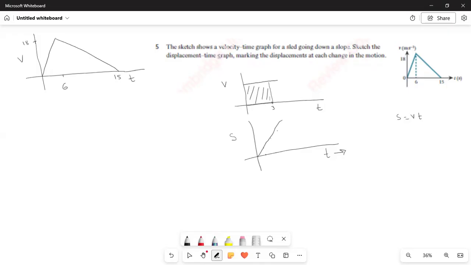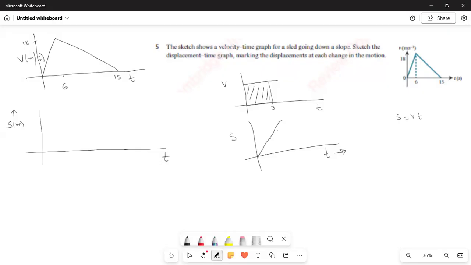So at any point, if I want to find the distance covered, I have to find the total area under this curve. Moving on, let's say we want to sketch a graph of distance, this is in meters, and time. This velocity or speed is in meters per second.